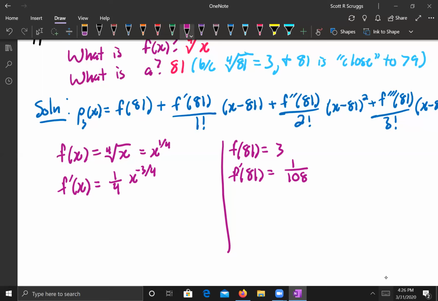And let's see how nasty that's going to be when I try to calculate that. 1/4, fourth root of 81, and that's going to be cubed. You know, fourth root of 81 is 3. 3 cubed is 27. And 4 times 27 gives us the 108.